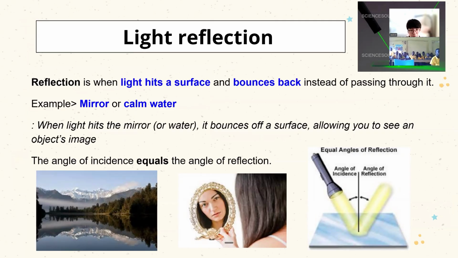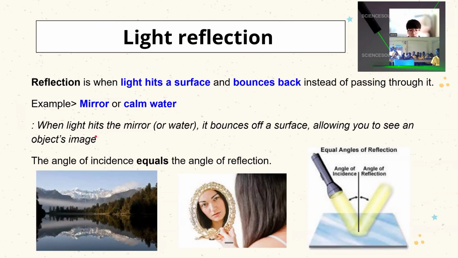It's called light reflection. We experience reflection in our daily lives really easily. Reflection is when light hits a surface and bounces back instead of passing through it. This is what happens when you look at a mirror or at calm water, like undisturbed, clean water.